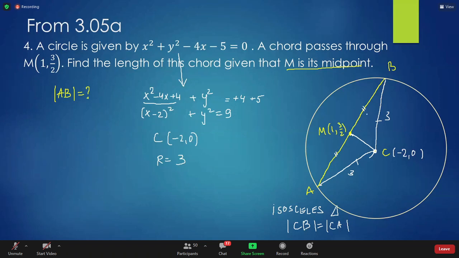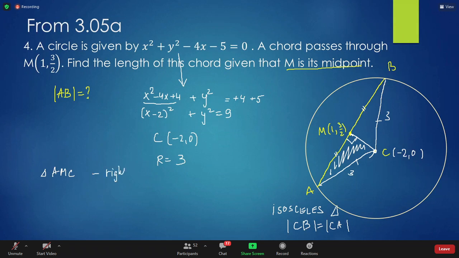So actually we have 2 right triangles. And I know the hypotenuse of such a triangle, of this one. I'm looking at the triangle AMC. It is right angled. It's a right triangle.